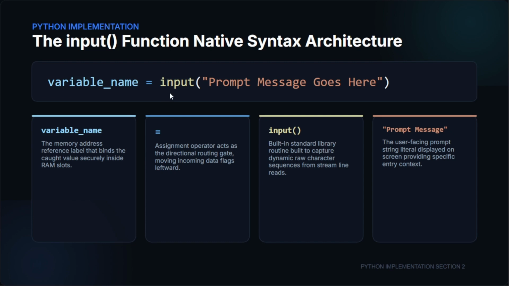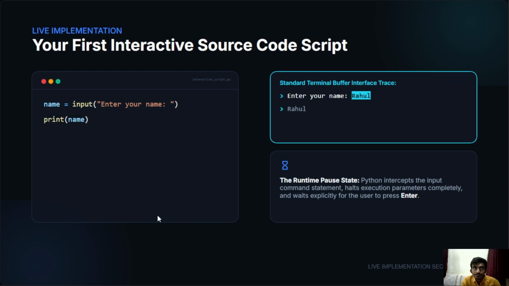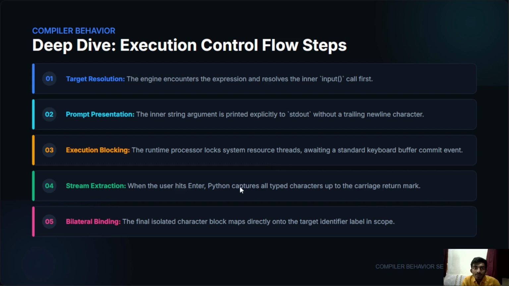Here you can see the variable name is where the information is being stored in memory. The equals sign is used for assigning the value. Input is a built-in standard function, and then the prompt message. We have tried this program itself on the online compiler.